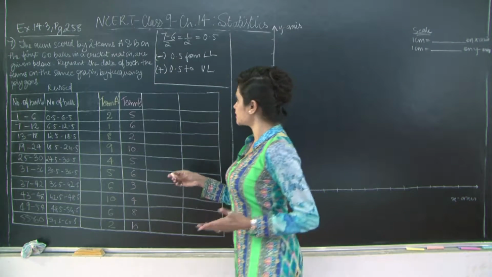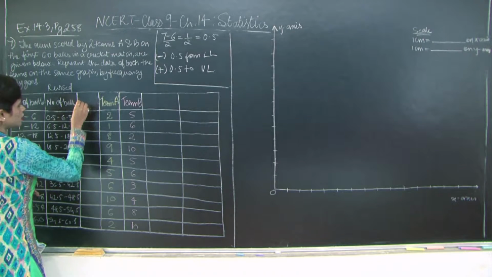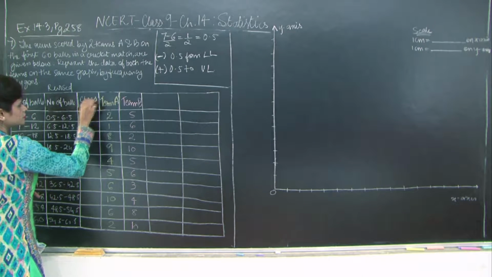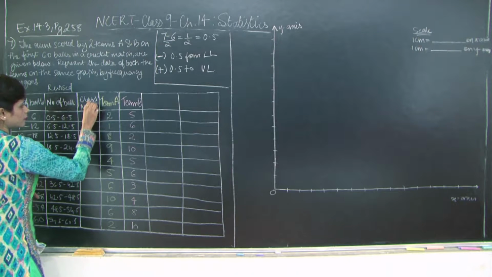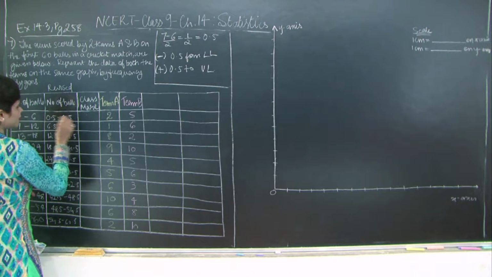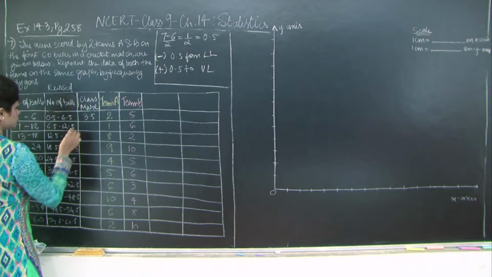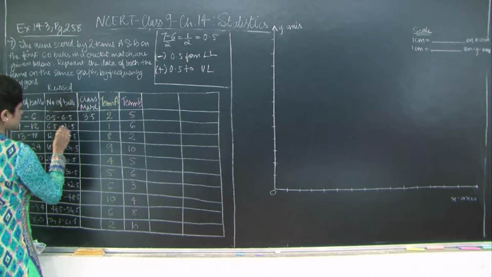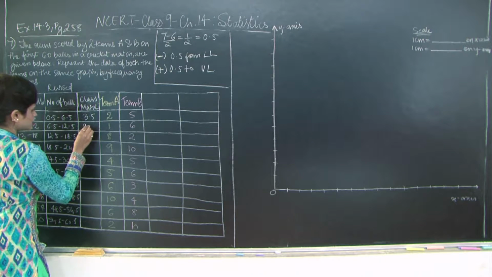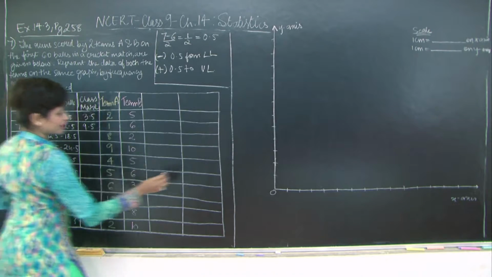So let's write this down. So this is class mark. Okay, so 6.5 plus 12.5, this is 3.5, then 19 divided by 2 is 9.5, then you have 12.5 plus 18.5, so let's add this.